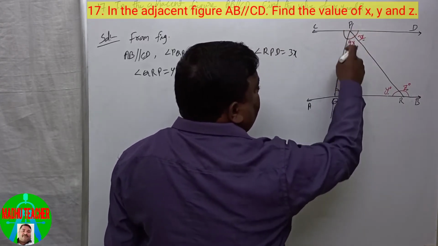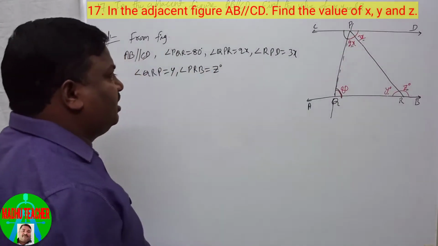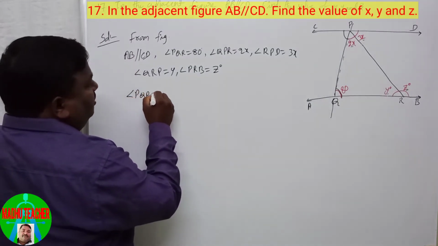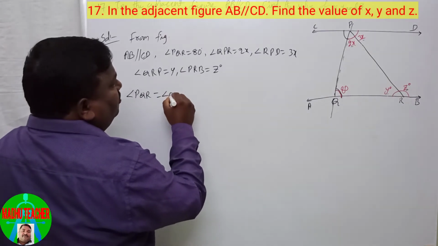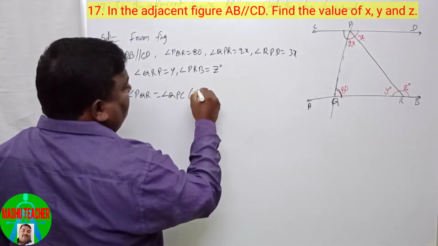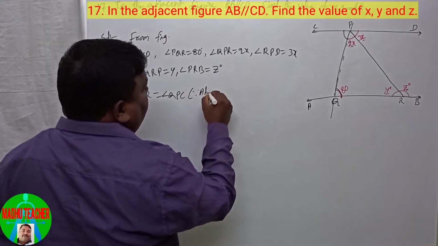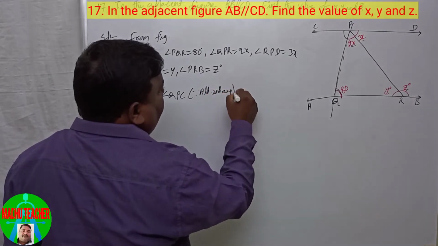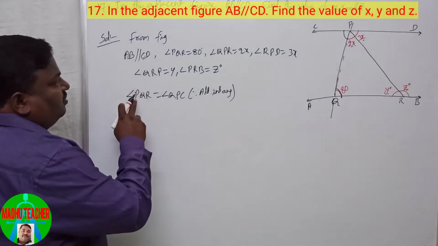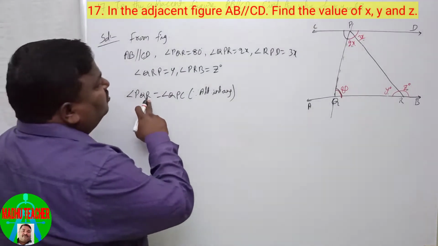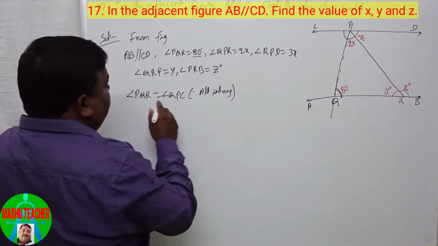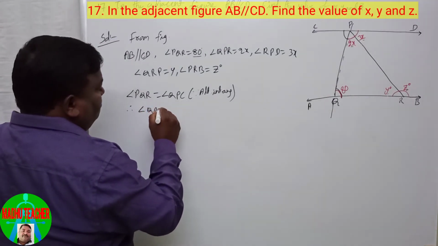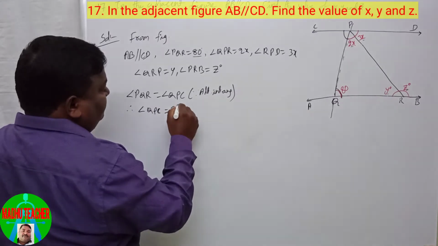So these two angles are alternate interior angles. What are those? Angle PQR equal to angle QPC, alternate interior angles. Here we know that angle PQR equal to 80 degrees. Therefore, angle QPC equal to 80 degrees.